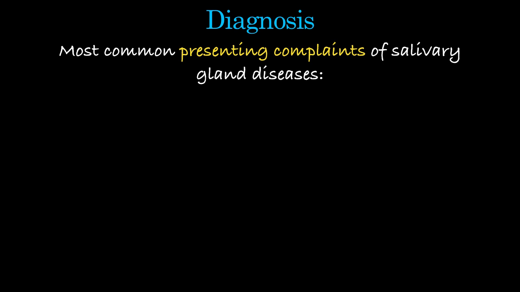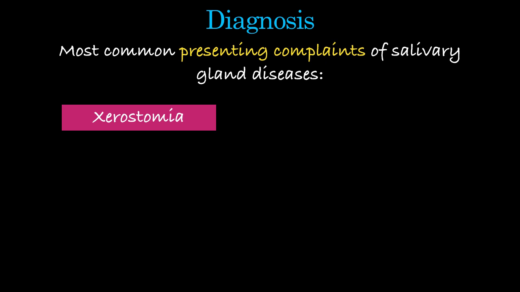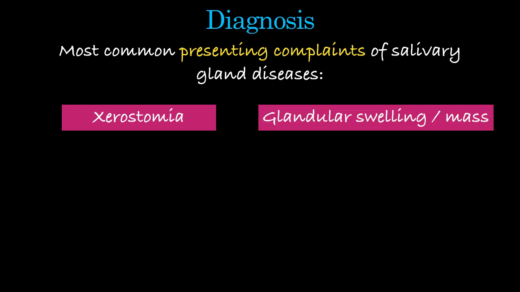Let's start with the patient's complaint. What are the two main complaints for a patient that has a salivary gland disease? The patient will either complain of xerostomia, which is the most common complaint, or he will complain of glandular swelling or a mass that is palpated in one of his glands.